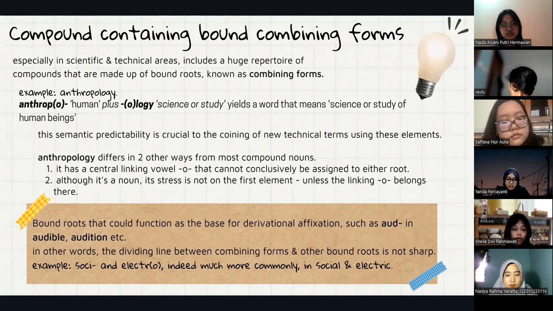For example, soci- and electro-, that are much more commonly seen in social and electric. Given that combining forms and the compounds that contain them are so atypical of compounds in general, it is natural to ask how English has come to acquire them. Next.